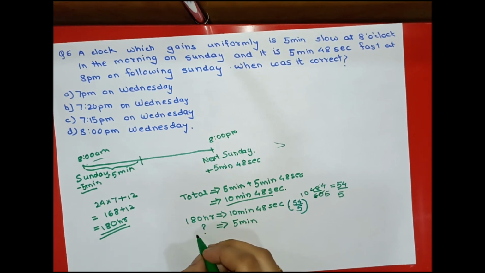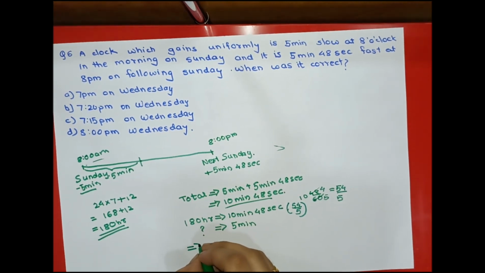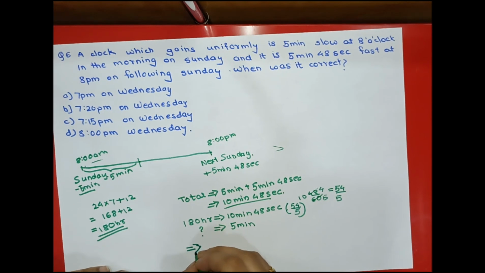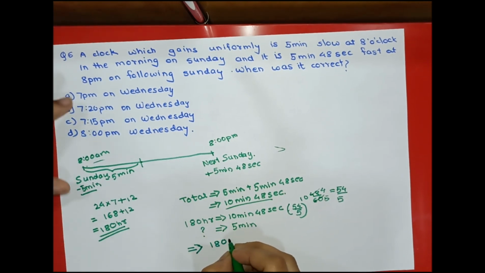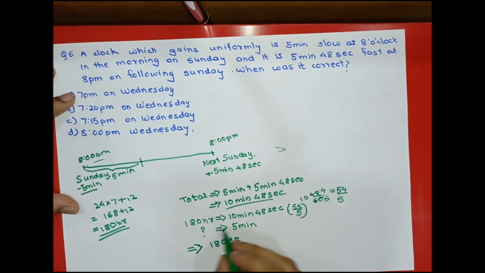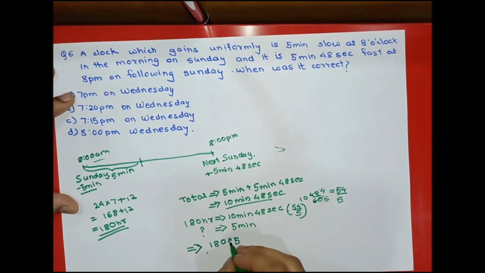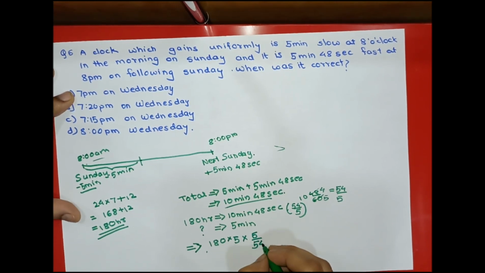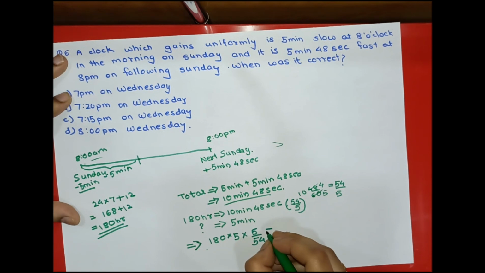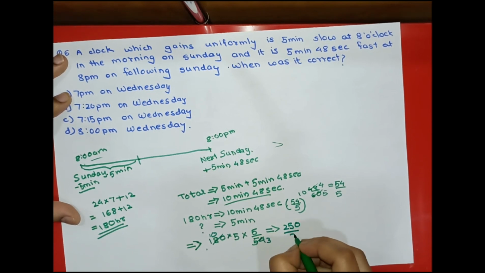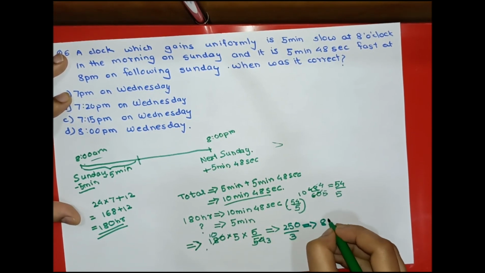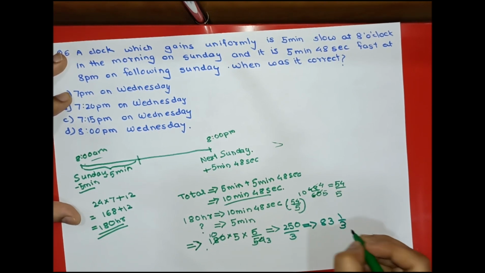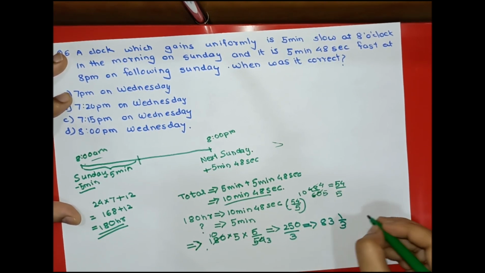To find the number of hours, we write 180 into 5 divided by 54, and if you solve this, it becomes 250 by 3, which you can write as 83 1 by 3.